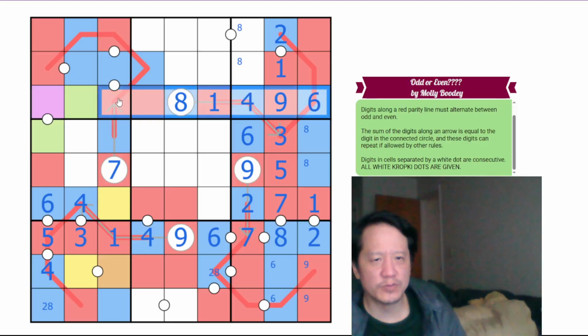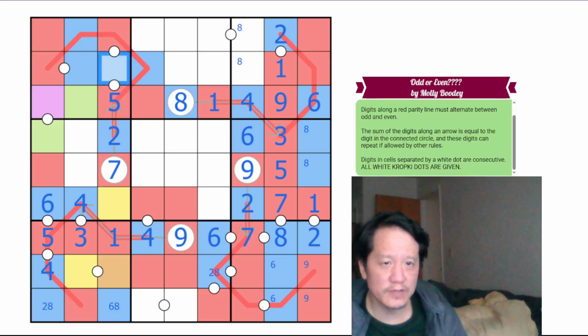But this is still problematic. Oh, it could be 5. Right, it can't be 1 here. So this has to be 5 then, and 2 to add up to 7. So that works. This can't be 2, can't be 4, so this is 6 or 8.